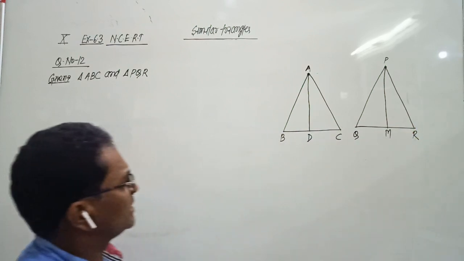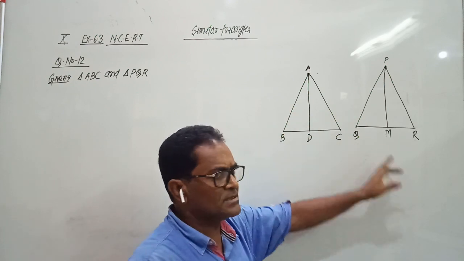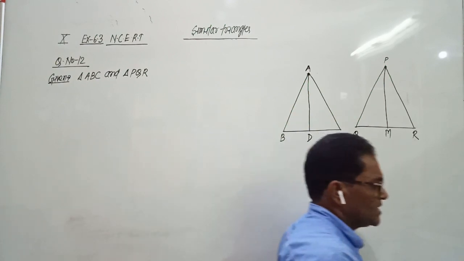AD is the median of triangle ABC and PM is the median of triangle PQR.